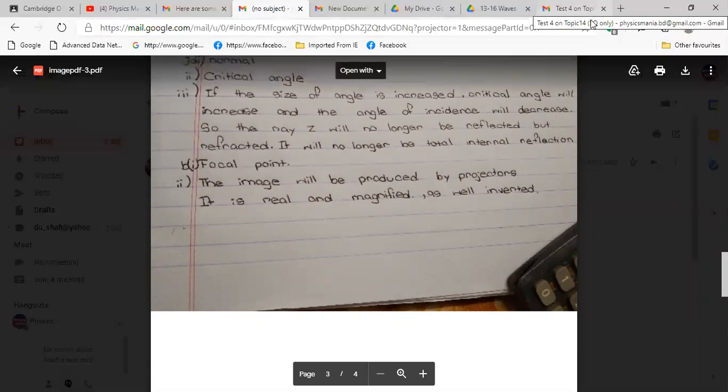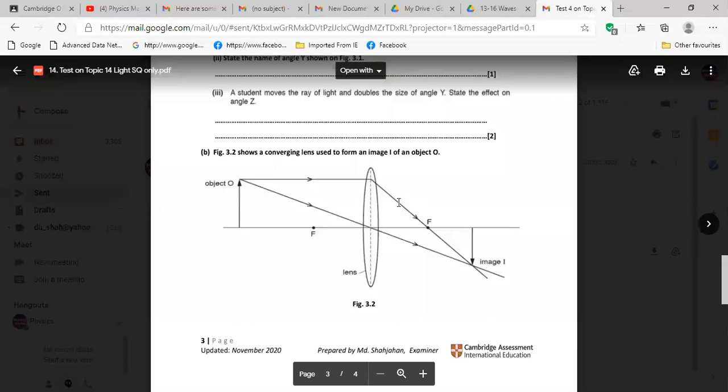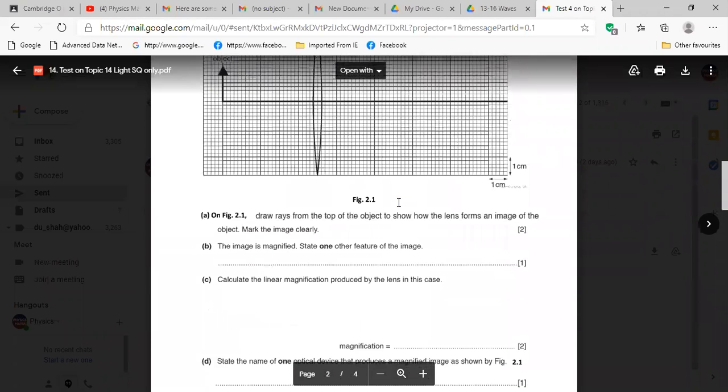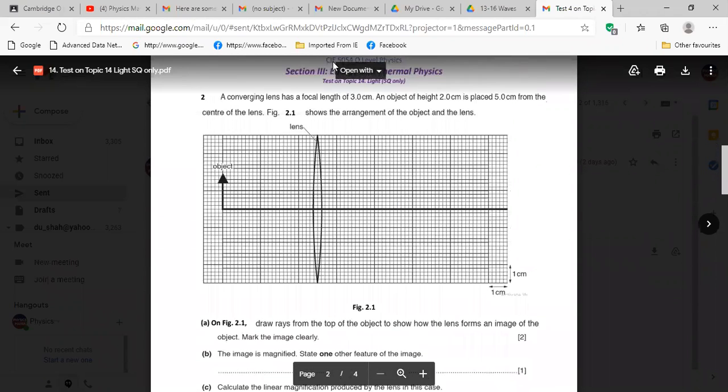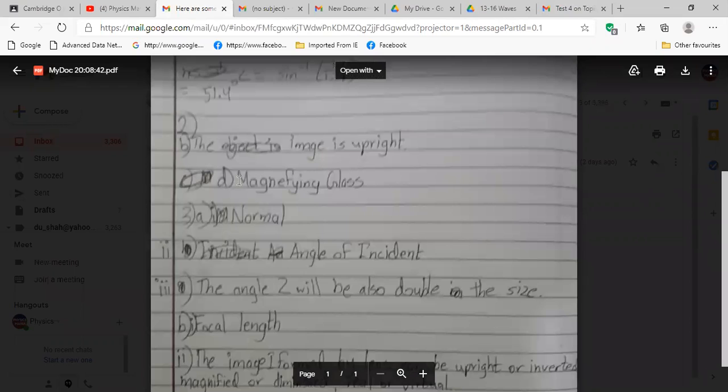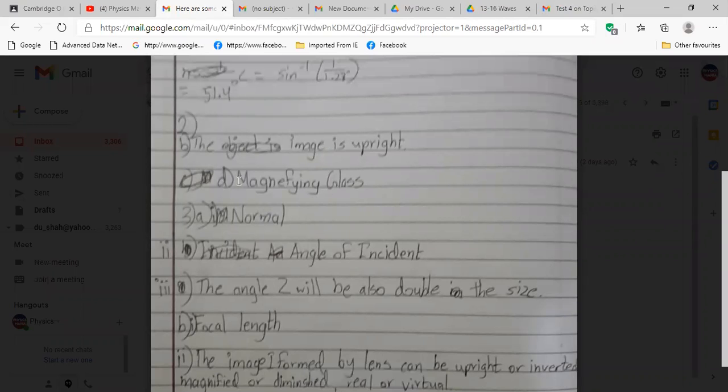Now we are going to two. Question two first. Question two, we have Mahi's answer available here. I only did B and D. So why didn't you give other part? I didn't understand C and A I couldn't do.